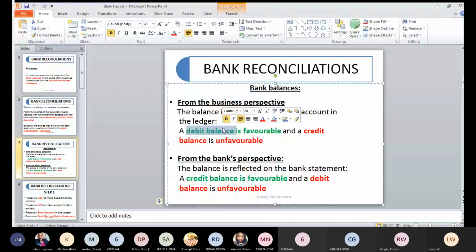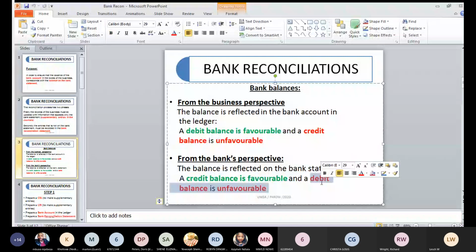However, if your bank account is overdrawn, unfavorable, your bank account in your ledger will have a credit balance. However, from the bank's perspective, and remember now the bank sends you a bank statement, if you have got money in the bank, the bank sees you as a creditor. They are owing you money. And that is why on the bank statement, a credit balance is reflected as favorable and a debit balance is unfavorable.